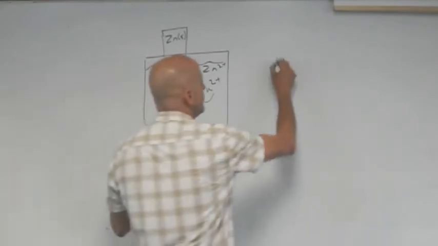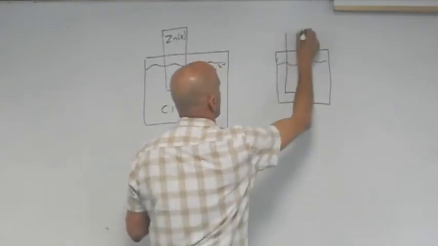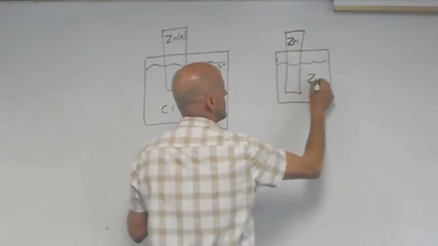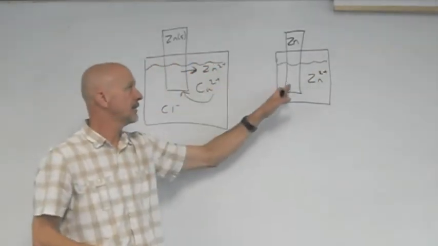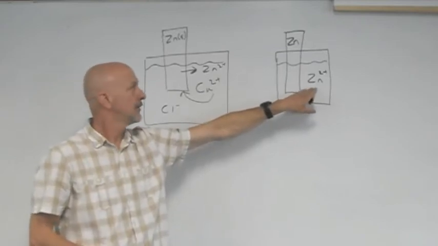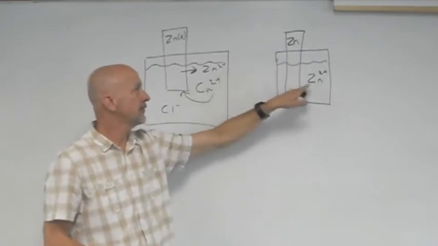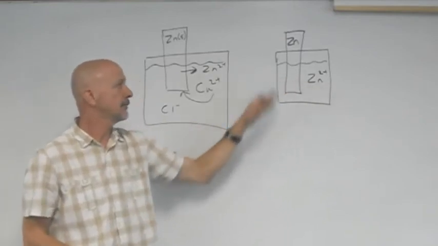So what I'll do is, in one beaker, I'm going to put solid zinc in a solution of zinc ions. So I've got zinc in its reduced state and zinc in its oxidized state together, so that I can get them to interact.